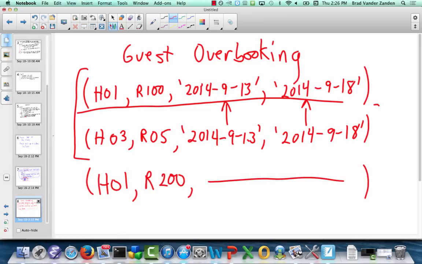So in fact, you know that your true ones are where you have an overlapping booking and either the hotel is different or the room is different. So it must be the case that a false positive is one in which you have an overlapping booking and the room and the hotel are the same. So you have to figure out how to express that condition.